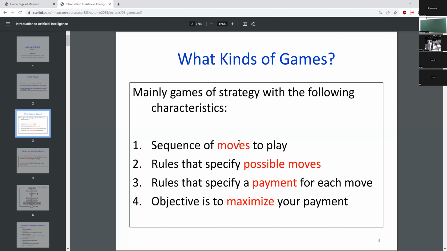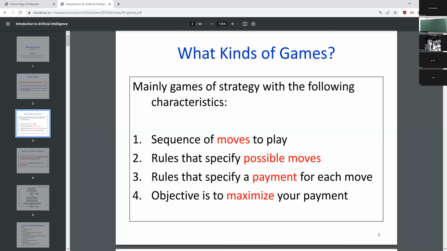A quick recap: we are going to look at two-player games. Games consist of moves. Moves are restricted by rules, and we have an objective function that the AI agent would like to maximize when it's playing the game.